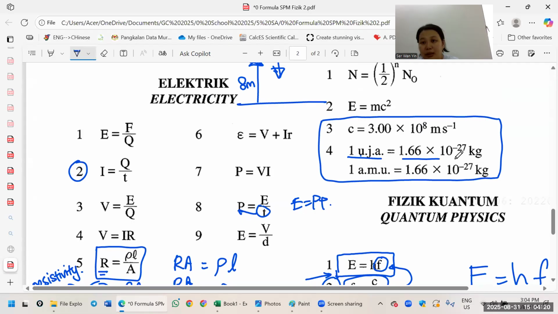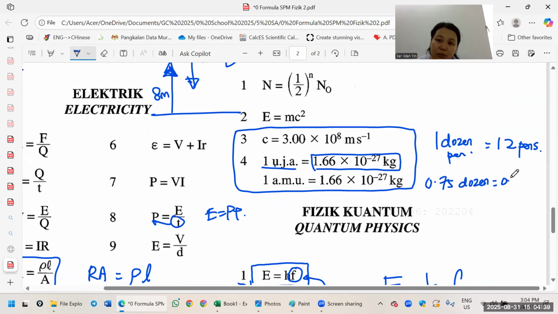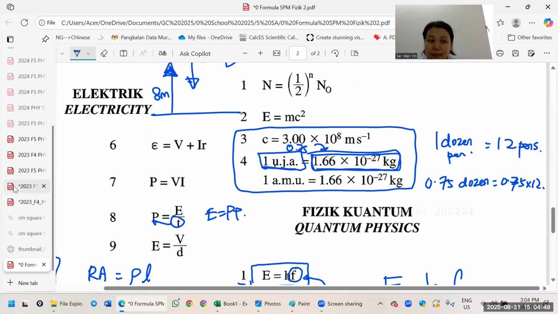You just multiply by this. Same thing like I told you before, 1 dozen of pens equals 12 pens. So 0.75 dozen, 0.75 times 12. 1 AMU is this. So 0.75 times this, that's it. Okay, not so hard.